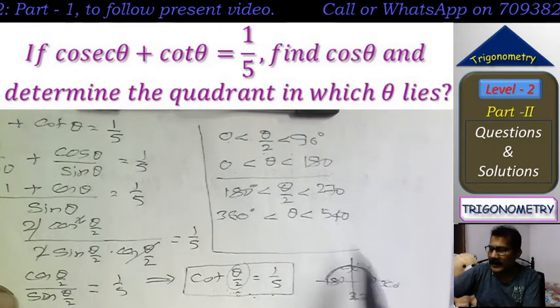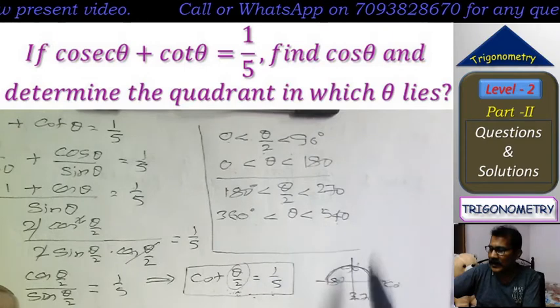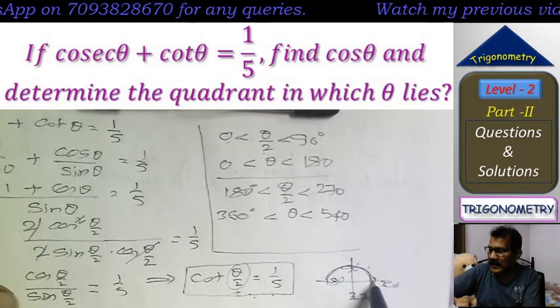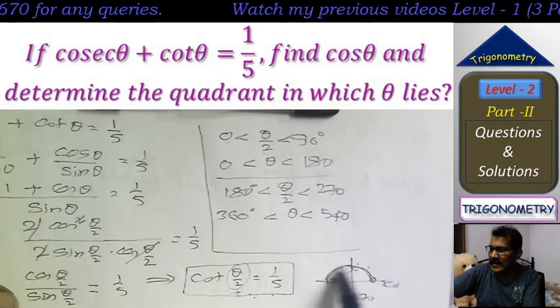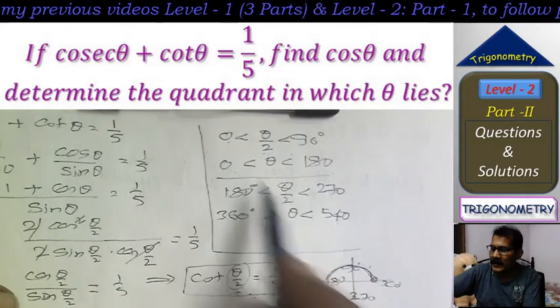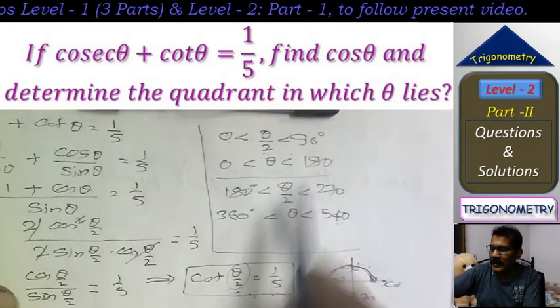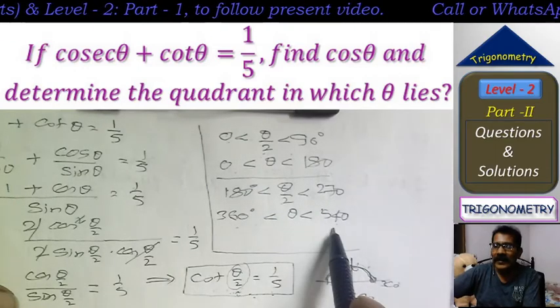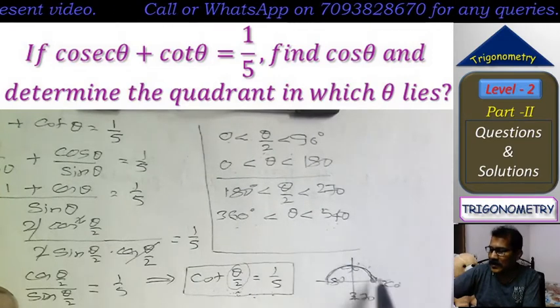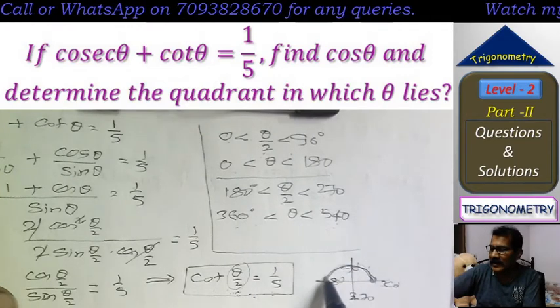And if I take the second case, 360 to 540, 360 means again we start here, 540 means there is a 360 plus 90 plus 90. So again this 360 to 540 means here 0 to 180 or 360 to 540, there is no difference between these two. That means theta should lie either in the first quadrant or second quadrant.